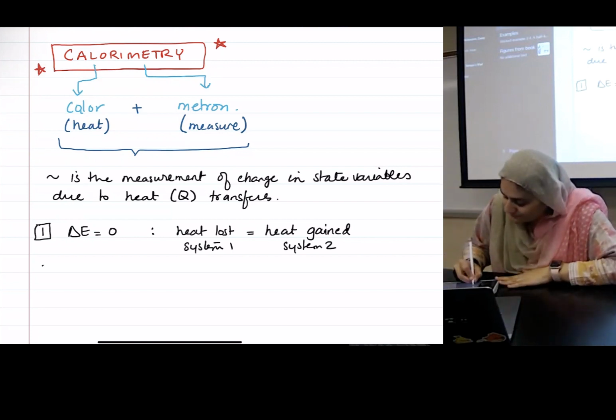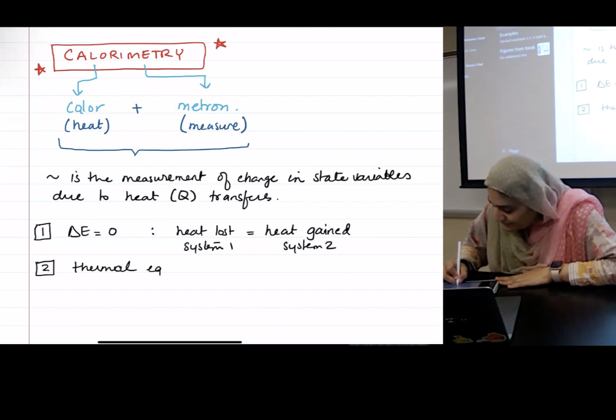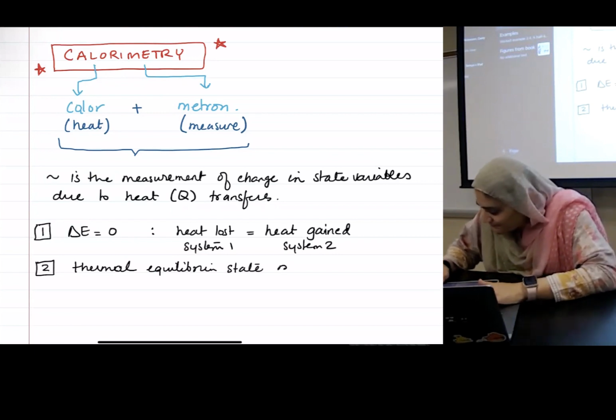And number 2, thermal equilibrium state must be reached.